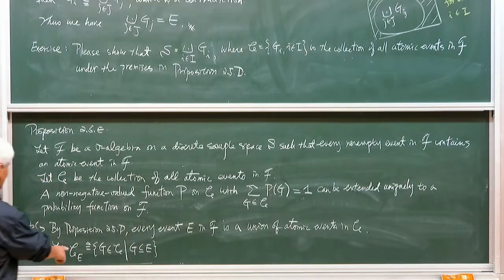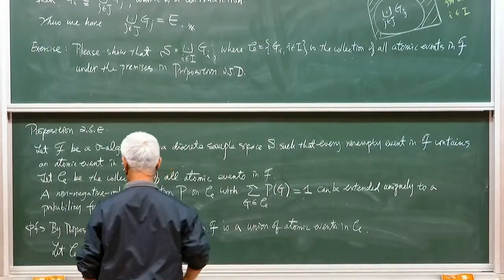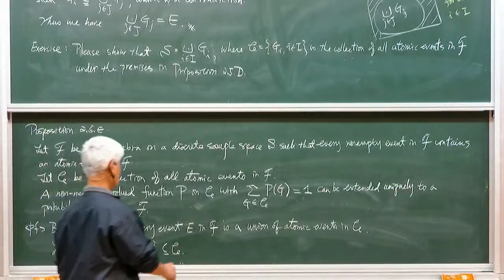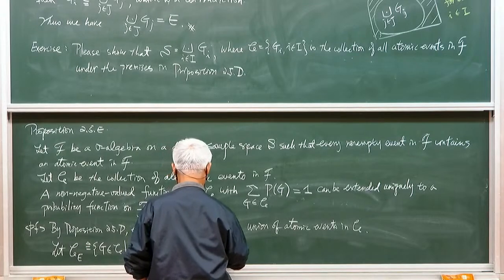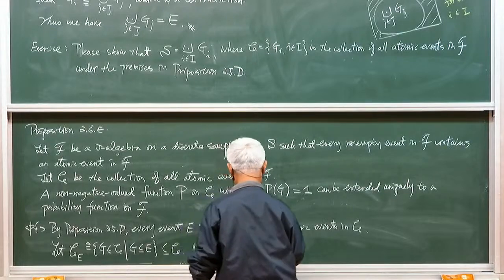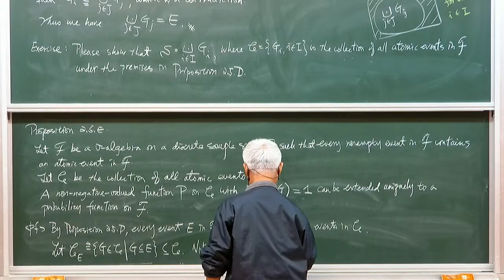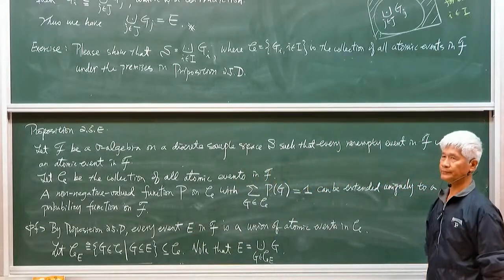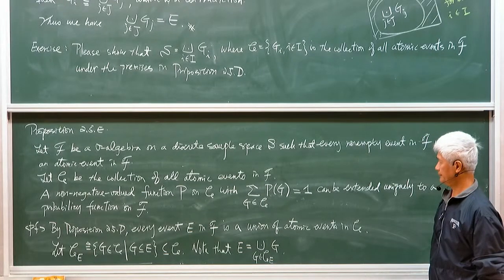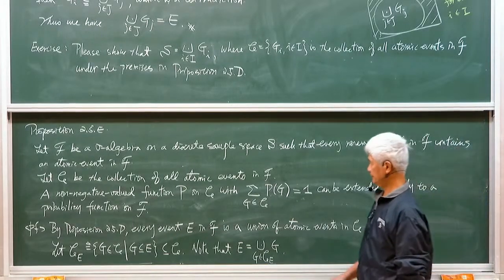So define this collection. Of course this is a subcollection of C. And we know that E is equal to the union of these.